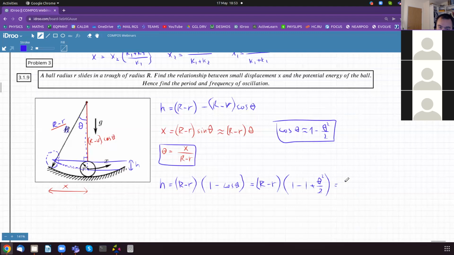And that is R minus R, theta squared over 2, which is R minus R, theta squared, so that's x squared over (R minus R) squared times 2. In other words, h is x squared over R minus R times 2.